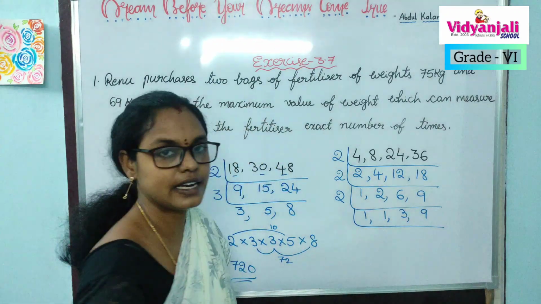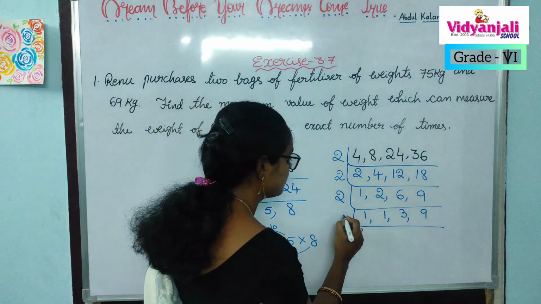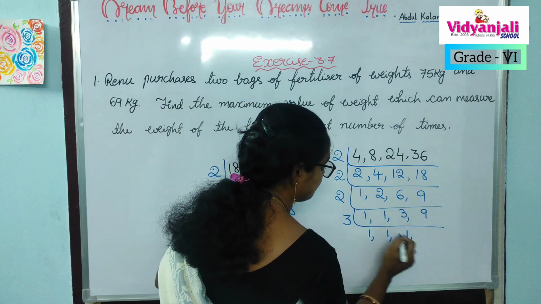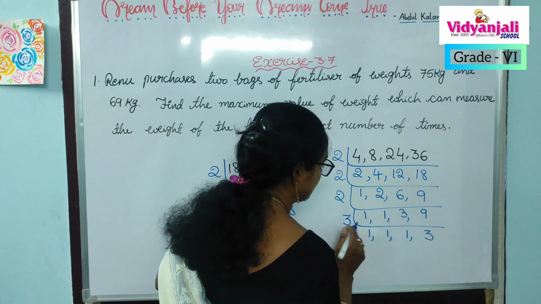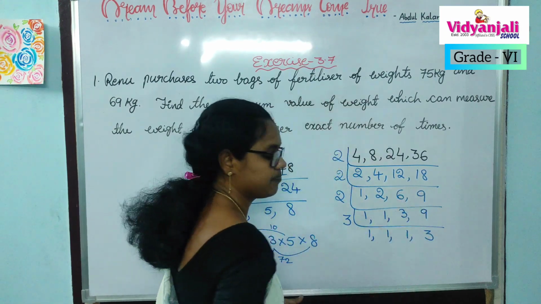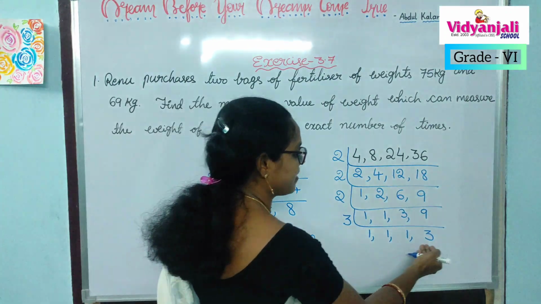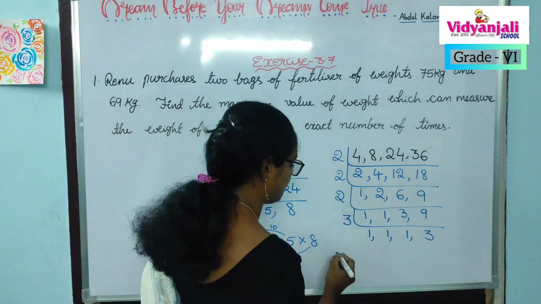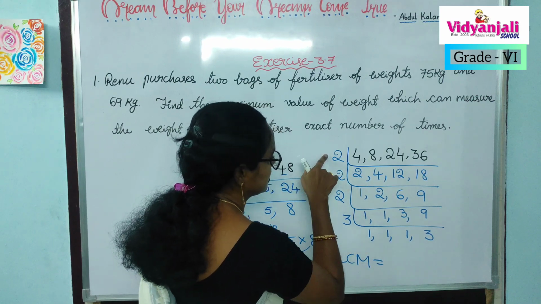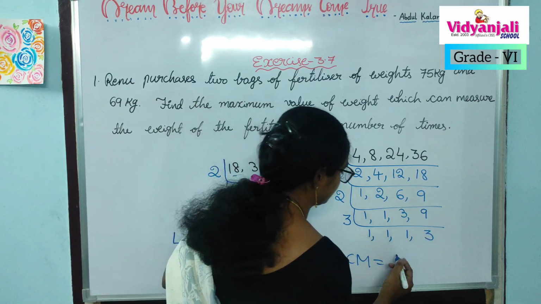Now, in which table do we get 3 and 9? 3 table, right? 3 1s are 3. Again, 3 3s are 9. See, we got all 1, 1, 1, 3. Now, there is no common factor for all these, so we can stop. Then what is LCM? Multiply all this. 2 into 2 into 2, 3 into 3.